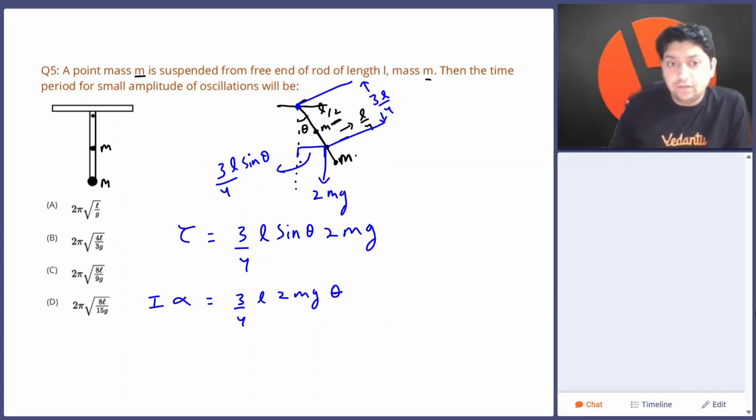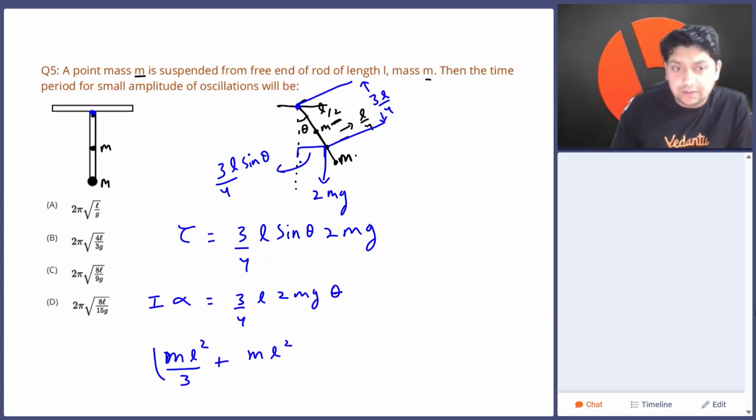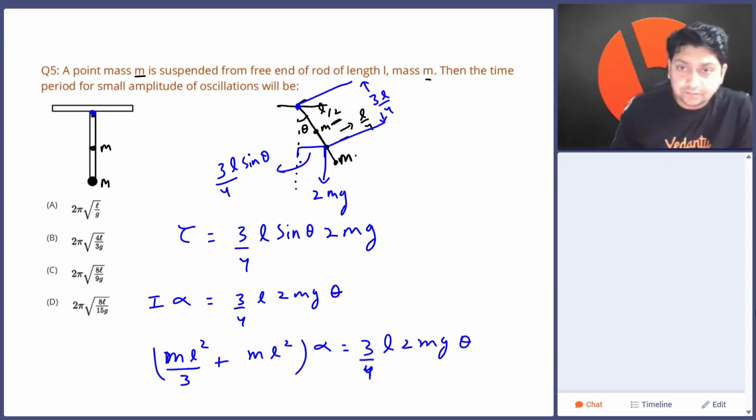The moment of inertia for this axis, for the rod, will be ml² by 3, and for the point mass it will be ml², into alpha equal to 3/4 L into 2mg theta, right?